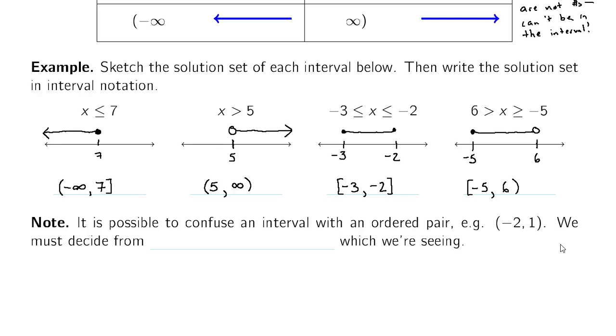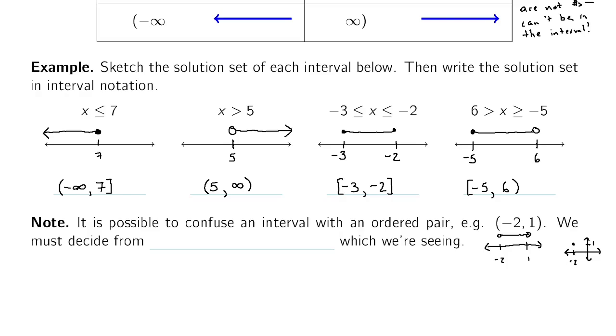Now, there's something a little bit tricky about interval notation. We can write (-2, 1) to represent the interval from negative 2 to 1 on the number line, or we can use it to represent a point in the plane, with x coordinate negative 2 and y coordinate 1.